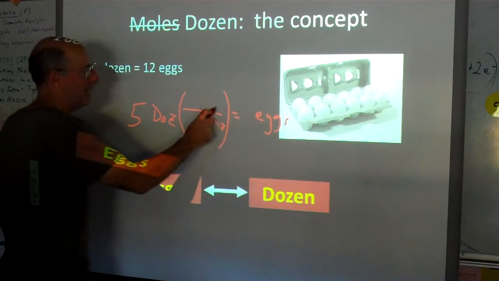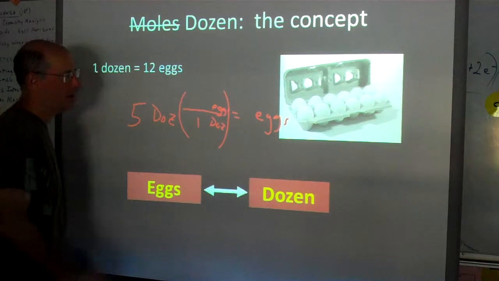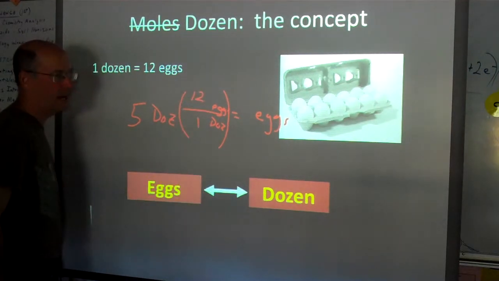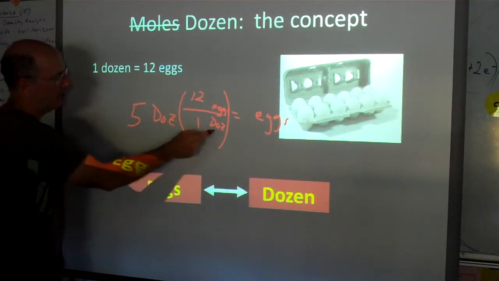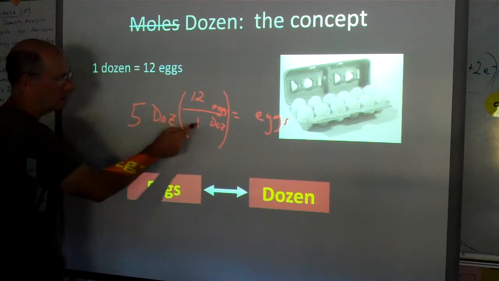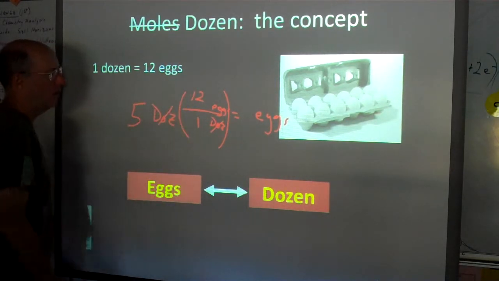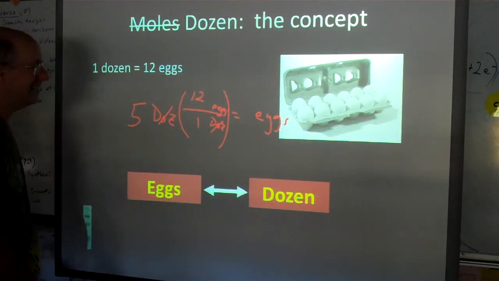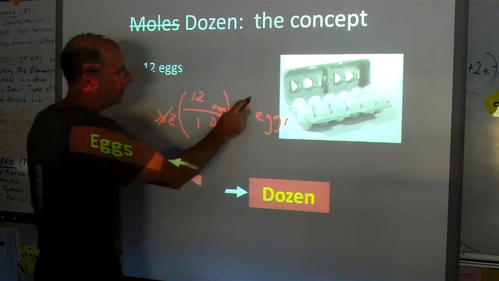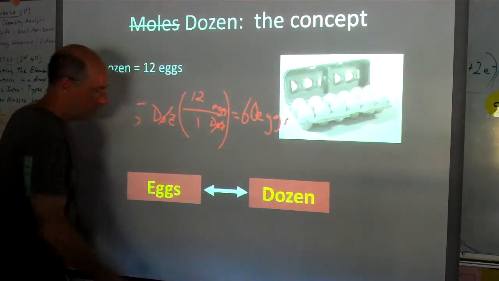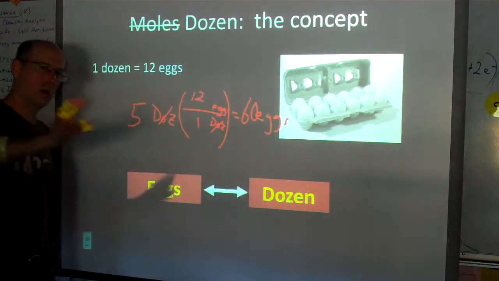And we want to get eggs. 1 dozen is still 12 eggs, is it not? Dozen is on the top, dozen is on the bottom here. When you multiply them, they cancel. And the math is 5 times 12, which is 60. 60 divided by 1, which is still 60 eggs. If you can do that, you can do the mole thing.